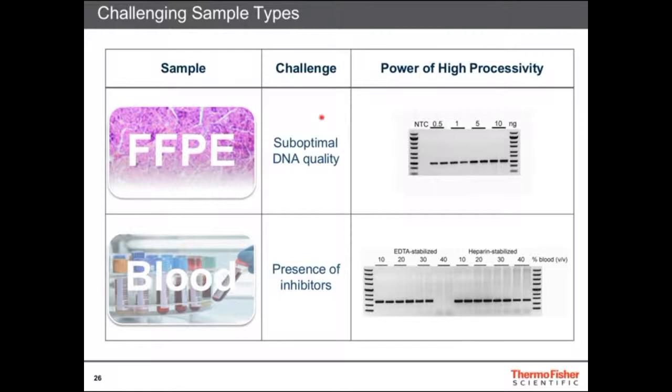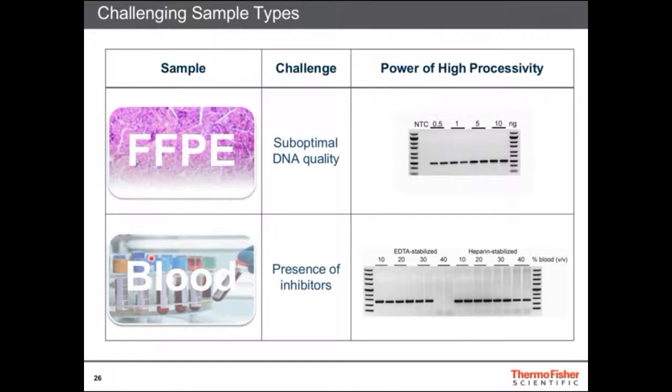So most of the DNA found in FFPE samples is probably not the best quality of DNA for doing PCR. In this set of experiments, we took FFPE samples and used varying quantities of starting material, from 0.5 up to 10 nanograms, and we were able to successfully amplify a 600 base pair fragment.